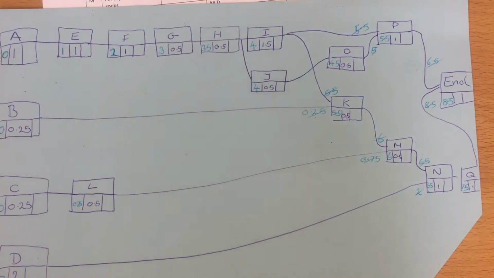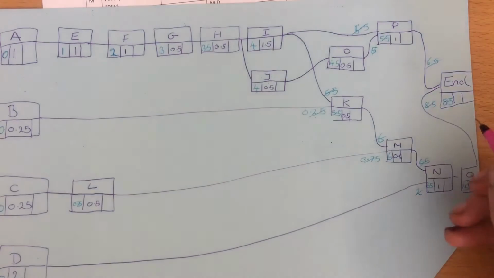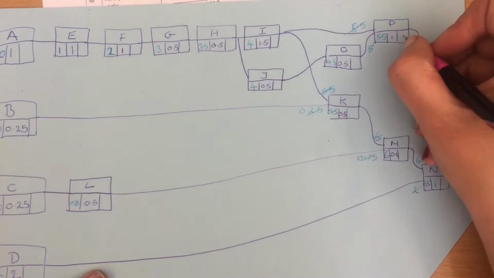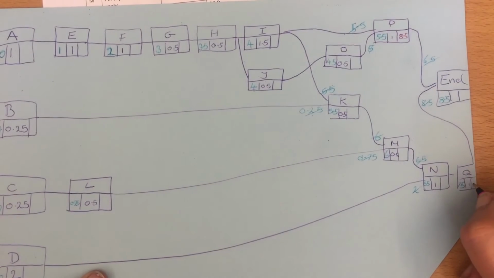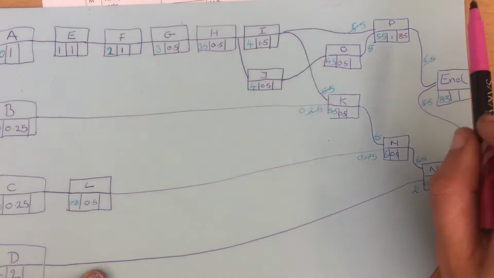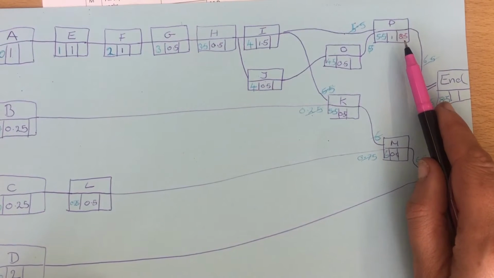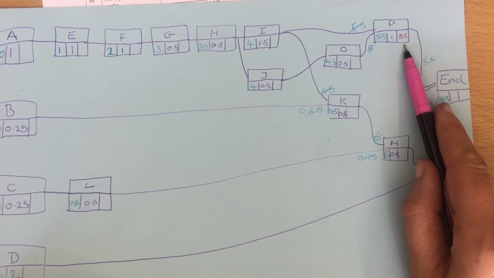So if we are going backwards, we start with this 8.5. So we have 8.5 that can go in here and 8.5 that can go in here. So 8.5 is the deadline here.